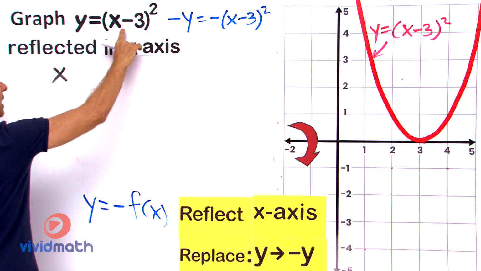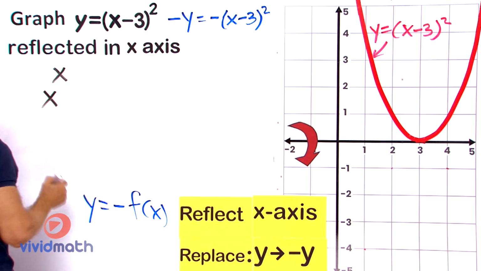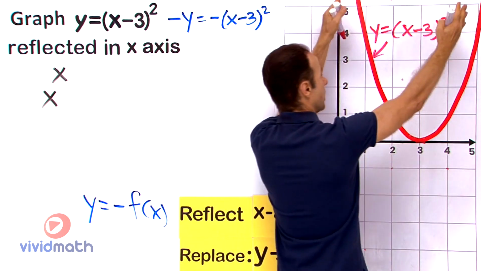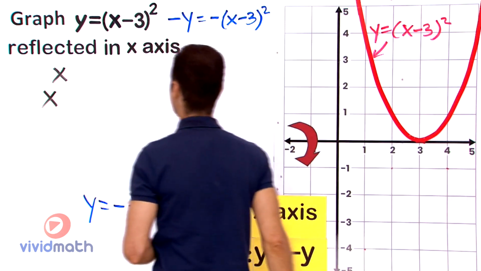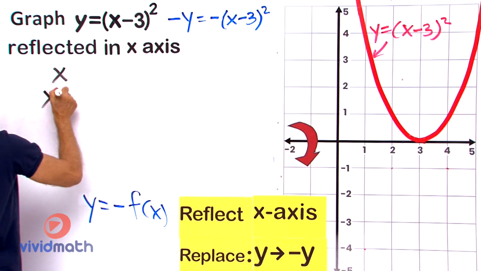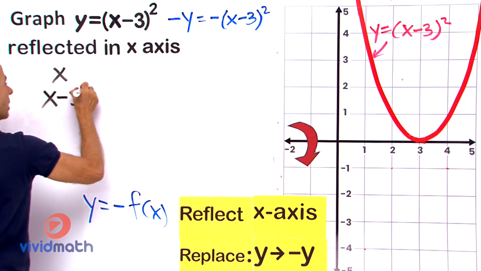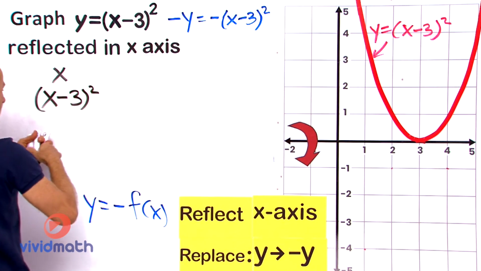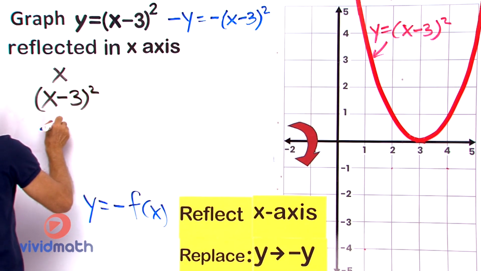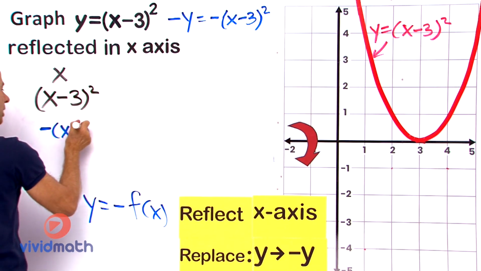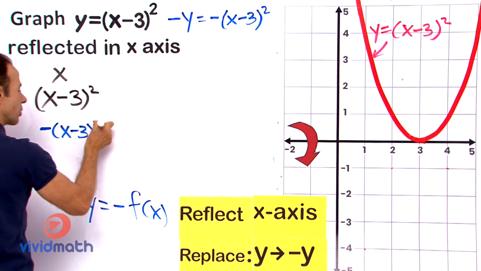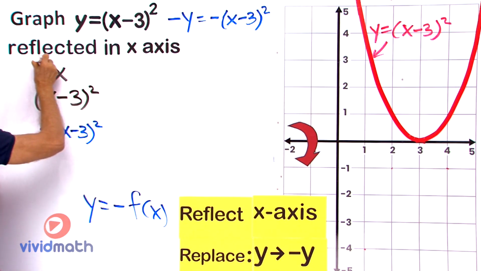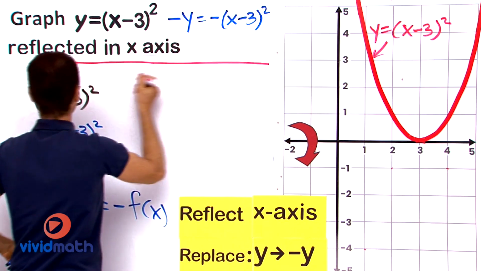Then I'm going to have these values, the parabola that's concave up, and then the concave down parabola. So the concave up, this one here, (x minus 3) all squared, and then we're going to have this one here, negative (x minus 3) all squared. So let's put in some lines here.